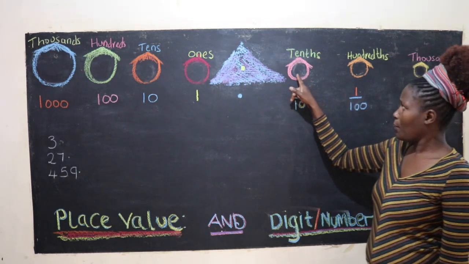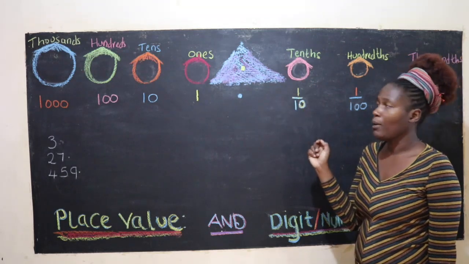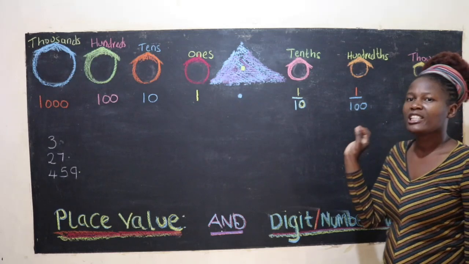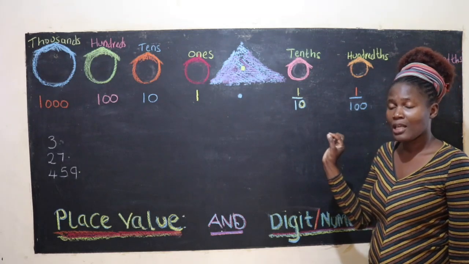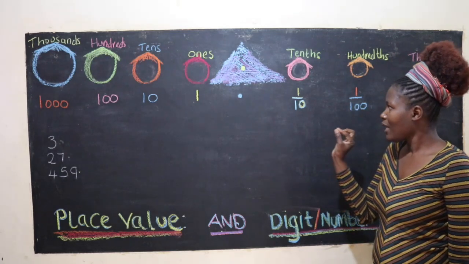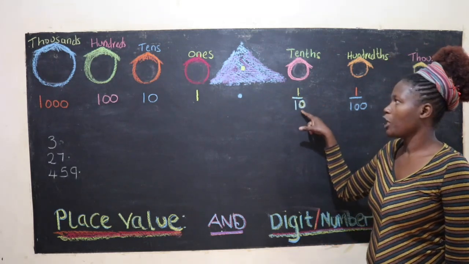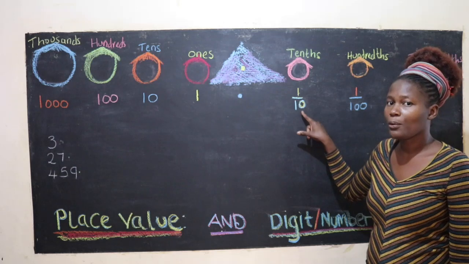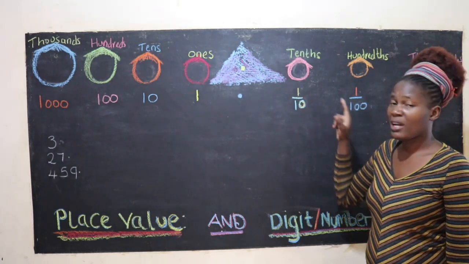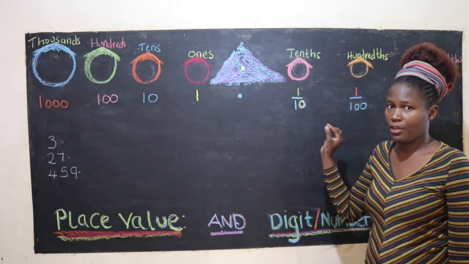The first home immediately after the decimal mountain is the home of tenths. Tenths means something whole that has been shared into 10 equal pieces. And just one piece is what we call a tenth.